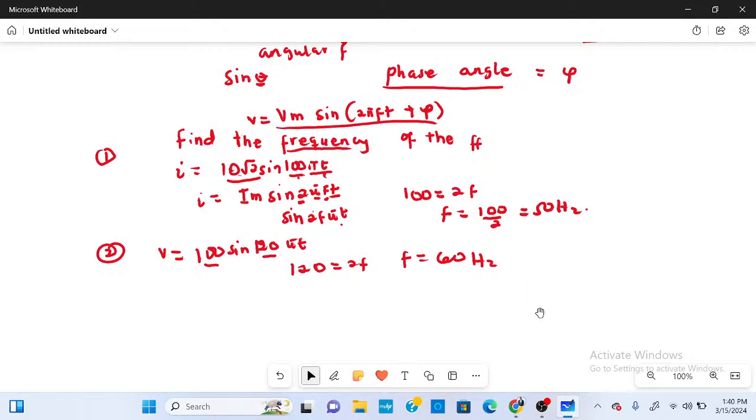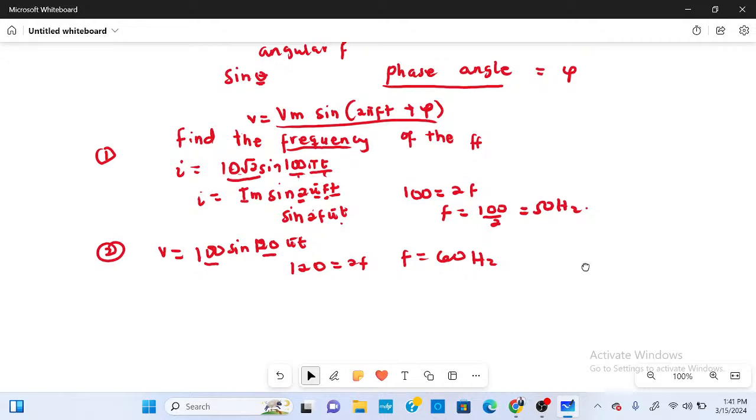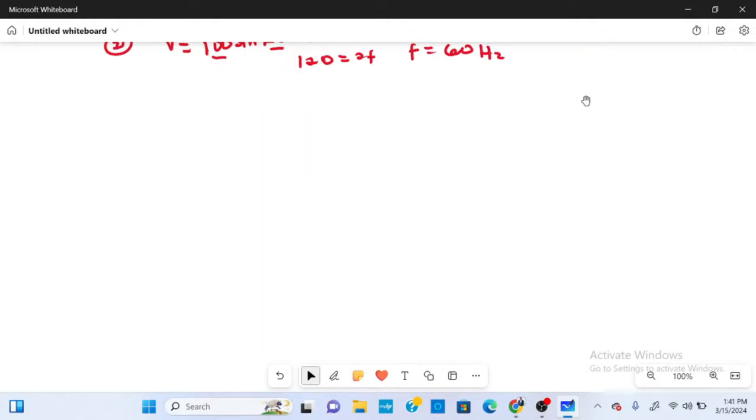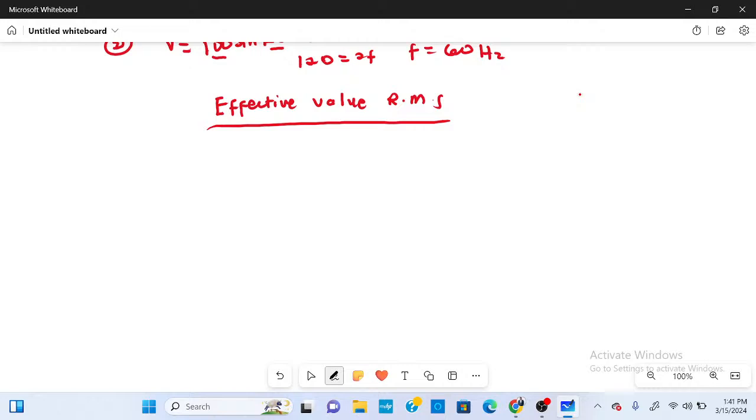So now let's take the effective value, or what we call the root mean squared, RMS, in focus. When you see RMS in AC, it means that you want to find the root mean squared. So generally, put these equations in mind.